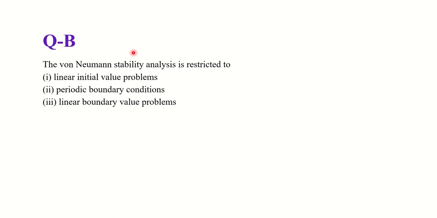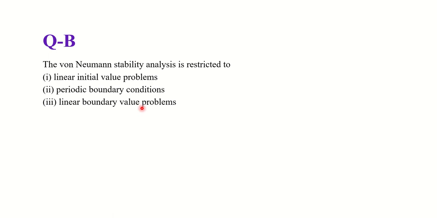Von Neumann stability analysis is mainly used for linear initial value problems and periodic boundary conditions. Only when these two criteria are there can we use von Neumann stability analysis. In other cases, it cannot be used. So von Neumann stability analysis is restricted to linear initial value problems and periodic boundary conditions. Options 1 and 2 are the right answer.